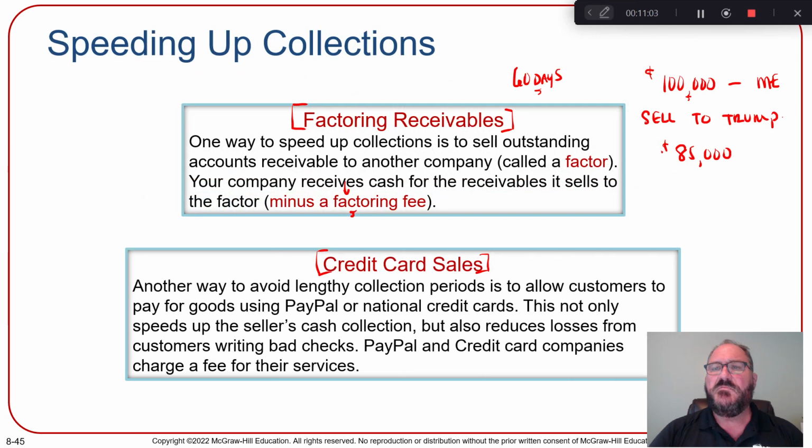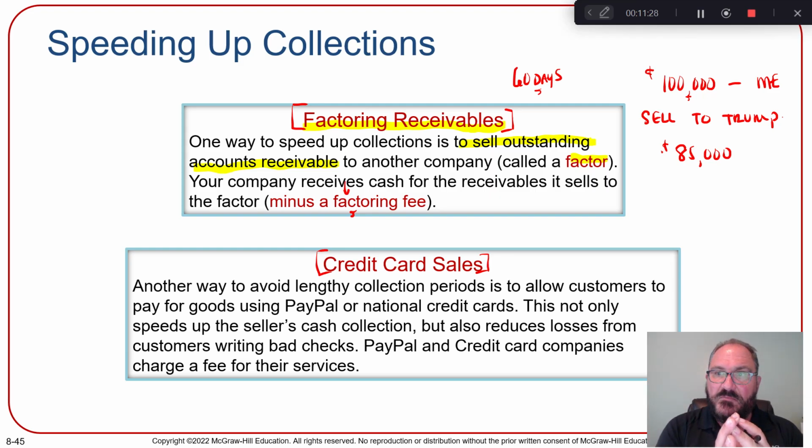And then finally, there's something called factoring receivables. So let's say, for instance, one way to speed up collections is to sell outstanding accounts receivable to another company called a factor. So let's say somebody owed you $100,000 and they're going to pay you in 60 days, but you can't wait the 60 days. You need your money now.